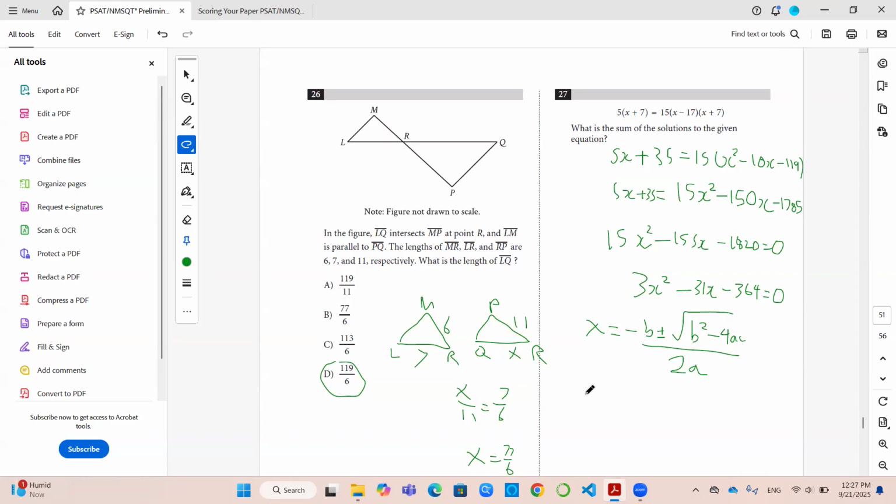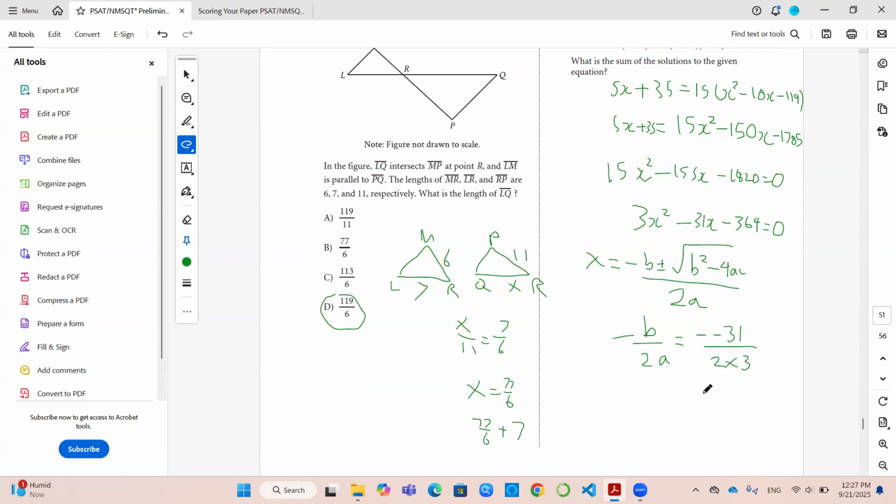So all I have to do is find what minus b over 2a is, and it's going to be 2 times 3, so 31 over 6.